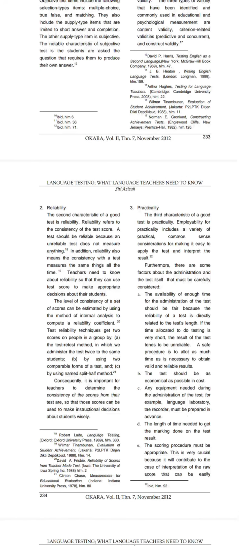The first is the availability of enough time for the administration of the test, which should be fair because the reliability of a test is directly affected. The second is that the test should be as economical as possible in cost. The third is any equipment needed during the administration of the test. For example, a language laboratory or tape recorder must be prepared in advance.